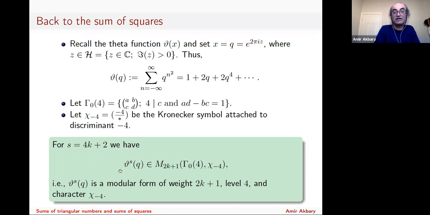So this is going to be the generating function for the sum of s squares if s is of the form 4k plus 2. Then we can show that this is going to be a modular form of weight 2k plus 1, half of this 4k plus 2, for the group gamma naught 4, and with the character chi minus 4.